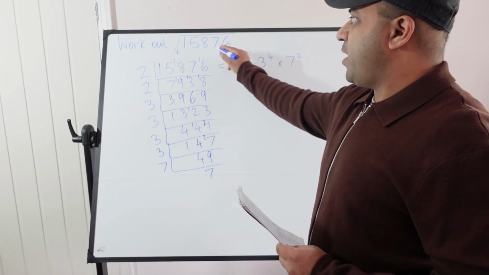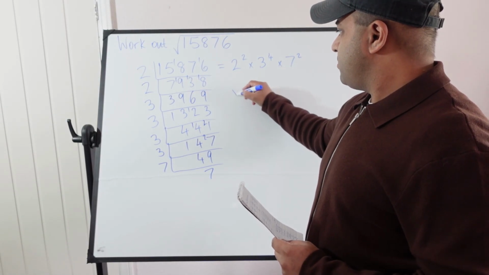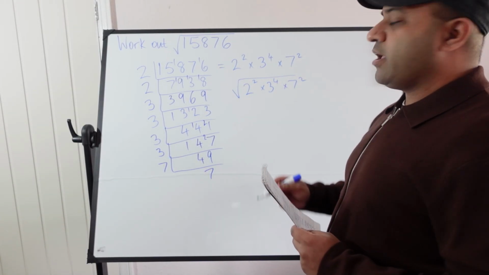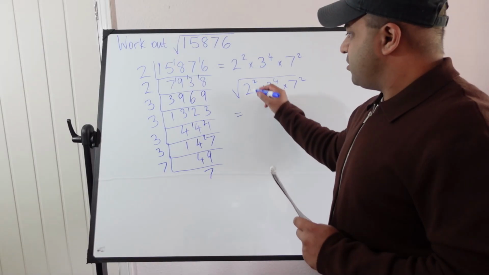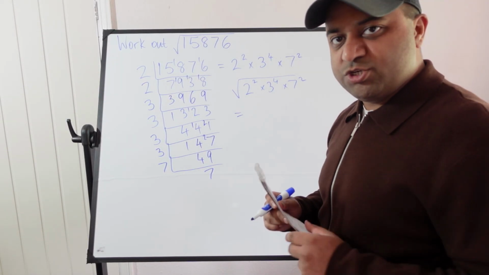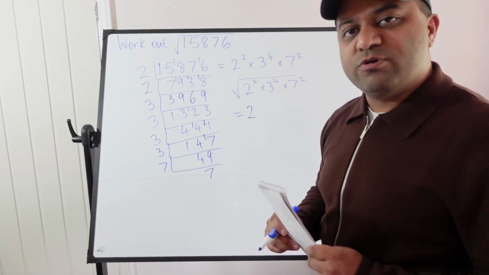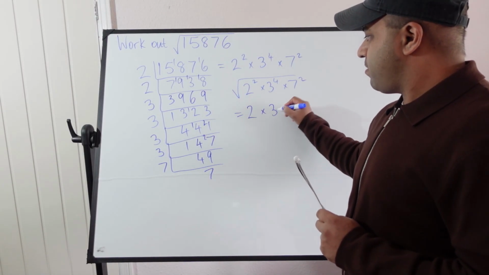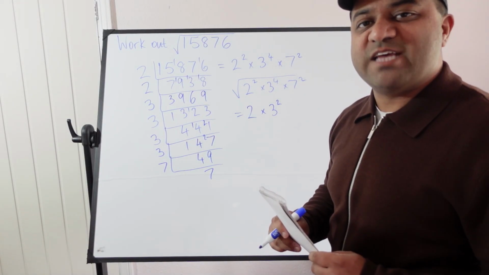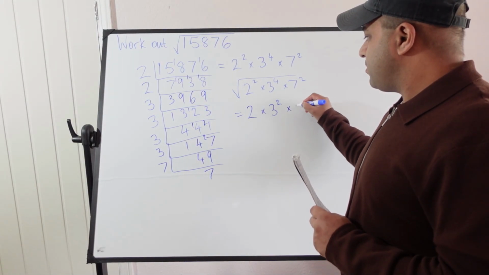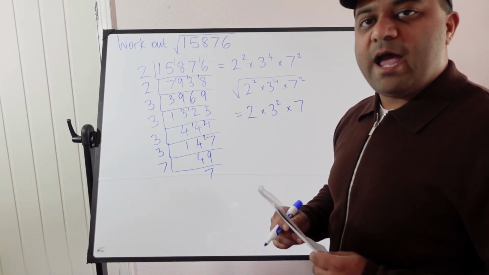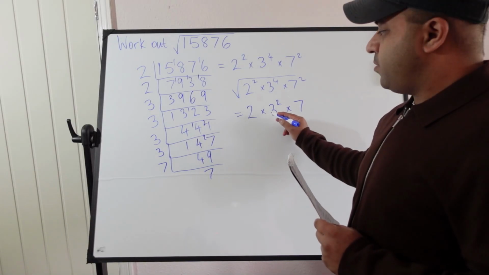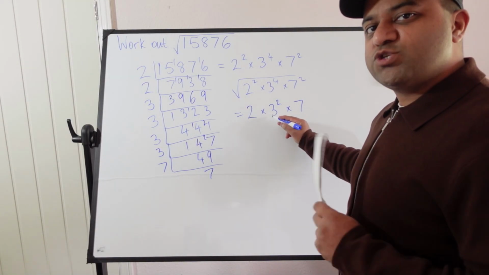So, the square root of this number can be written as the square root of 2 squared, which is 2, the square root of 3 to the power of 4, which is 3 squared, and the square root of 7 squared, which is 7. Now we can simplify and evaluate. So 2 multiplied by 3 squared is the number 9.